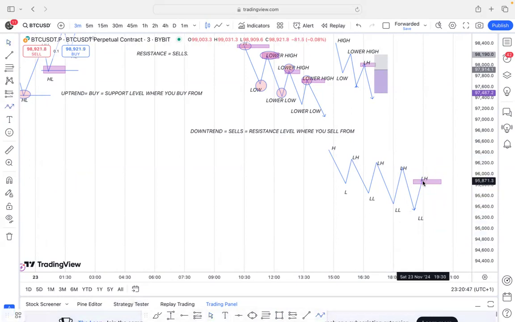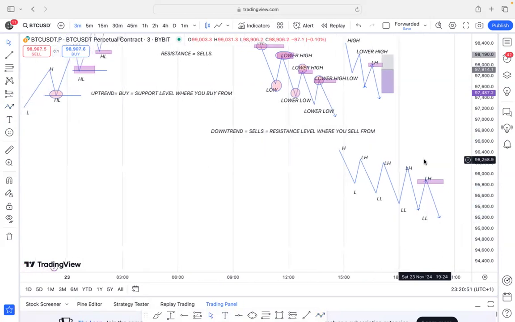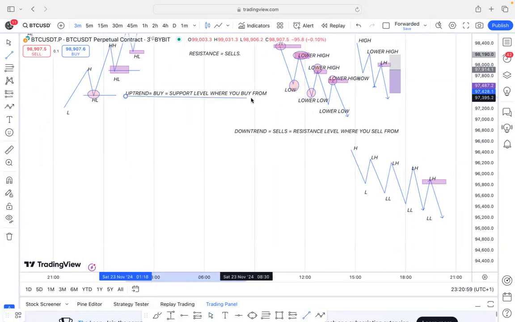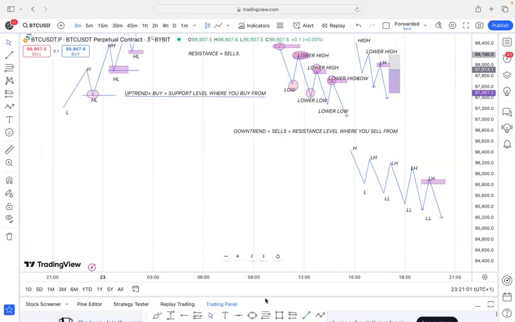Do you understand that now? That's our resistance. Resistance is for sellers, support is for buyers. And we know that in an uptrend, we buy. In a downtrend, we sell.